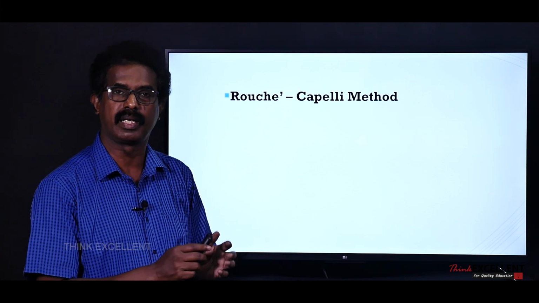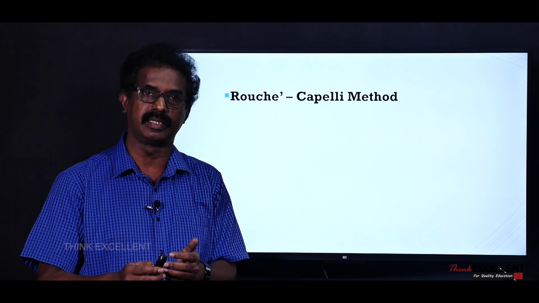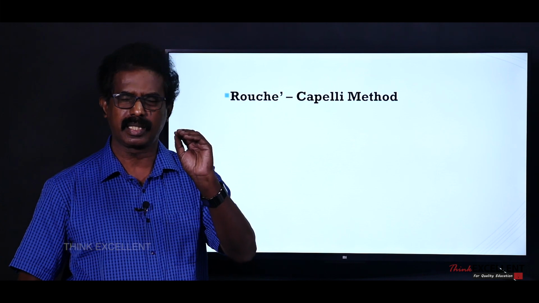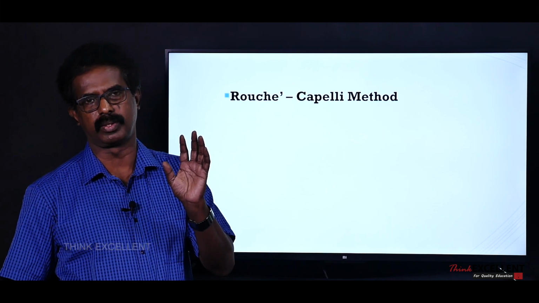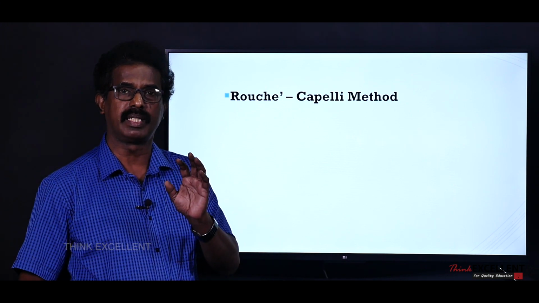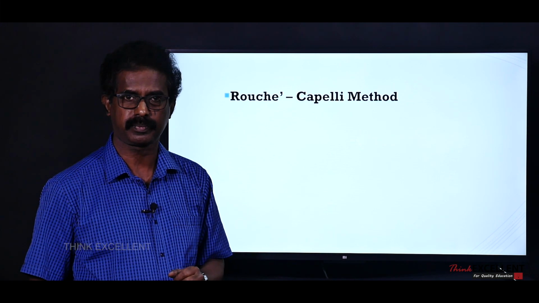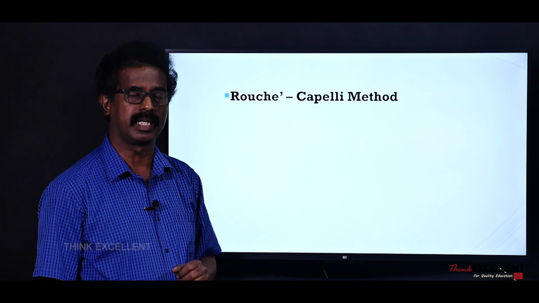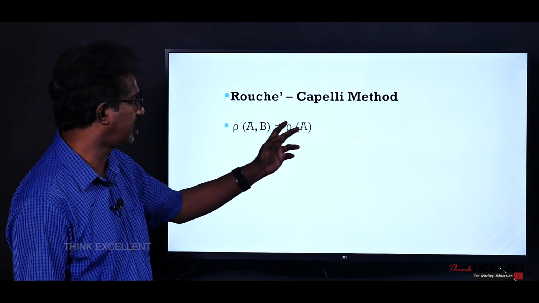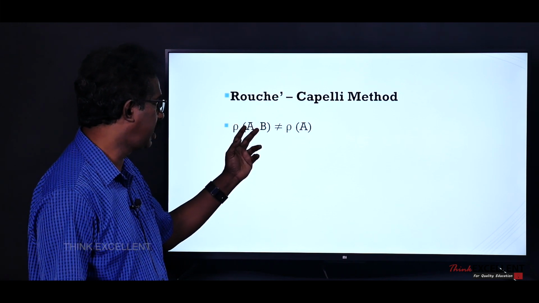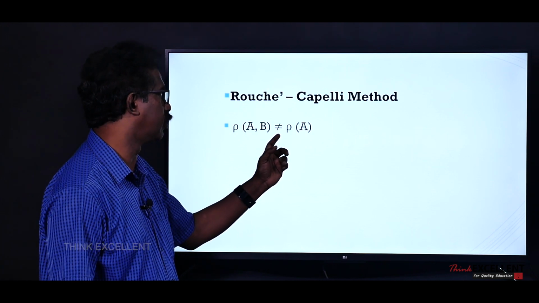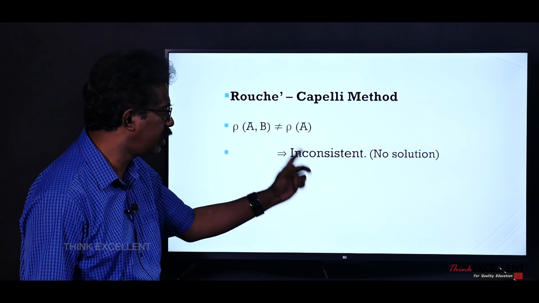Using that only, we are going to say whether it is consistent or inconsistent. There are some rules, but it's a very simple method you can remember. Find both the ranks, rank of [A|B] and rank of A. When the ranks are not equal, rank of [A|B] not equal to rank of A, suppose here 3, here 2, or here 2, here 1, they are not equal, we say the system is inconsistent.